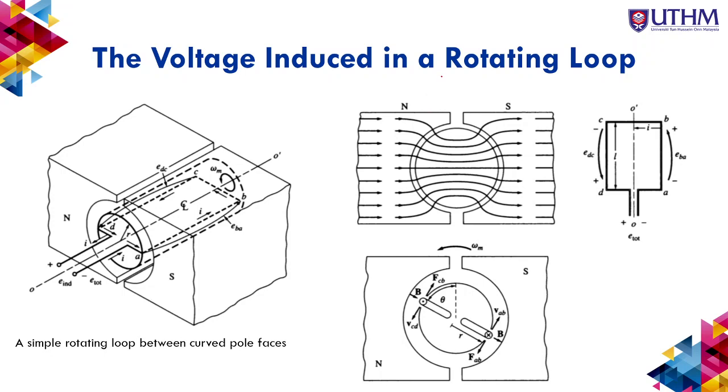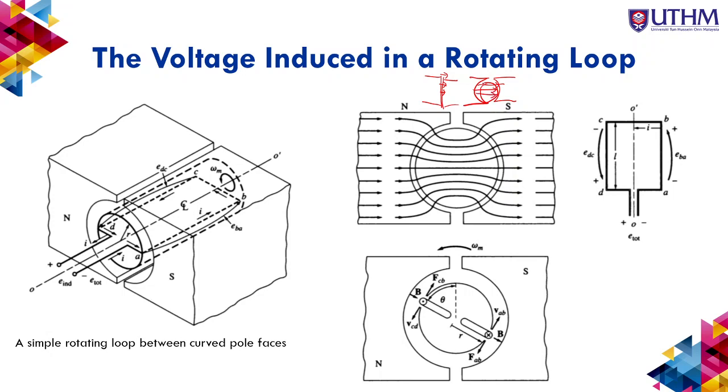If the permanent magnet were straight like this, the flux would be a straight line. But for the curved stator over here, the direction is not just a straight line.